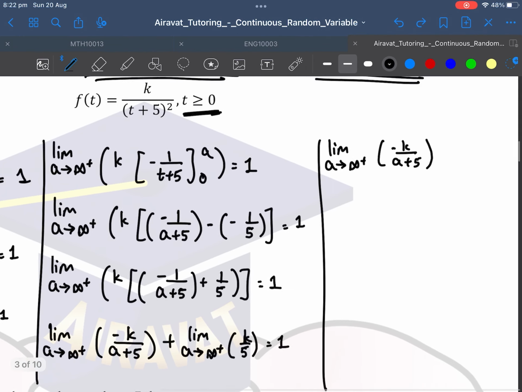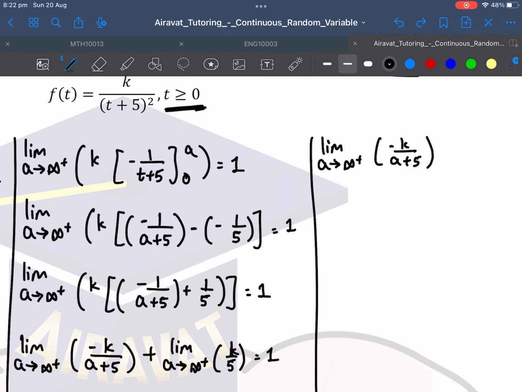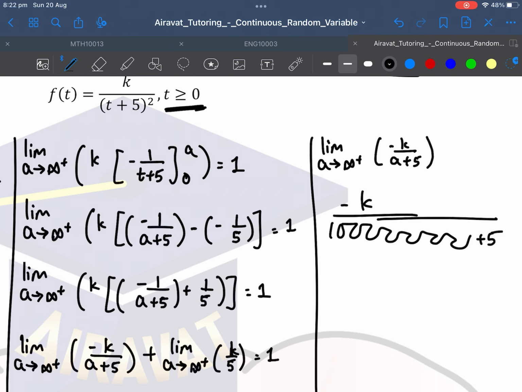Let's say that I have to put a as a really big number. So -k over 1 with a lot of 0s plus 5, where k is a constant, like a number. Let's say that this is going to be 1. Now if I were to evaluate this, you'll realize that your answer would be -0.0000000, a lot of zeros before you get some number.